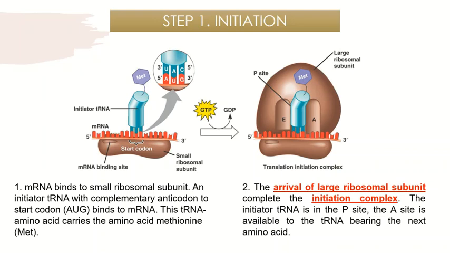This large ribosomal subunit carries the P site and the A site. The initiator tRNA is in the P site, which is the middle. The A site is available to the tRNA bearing the next amino acid. In this process, one phosphate will be used, and this phosphate comes from guanosine triphosphate, forming guanosine diphosphate.